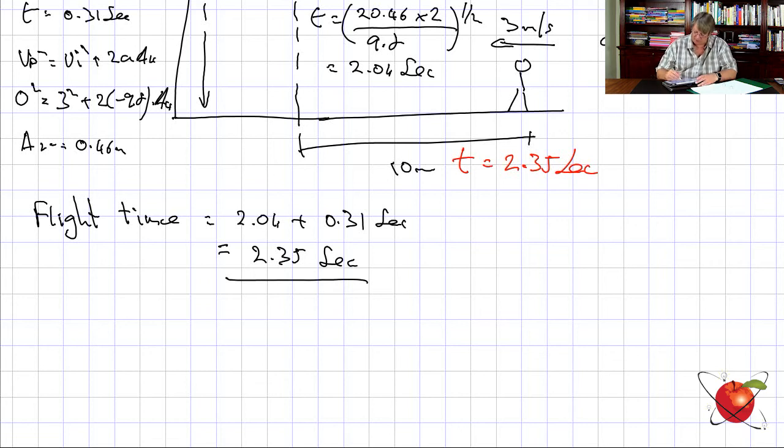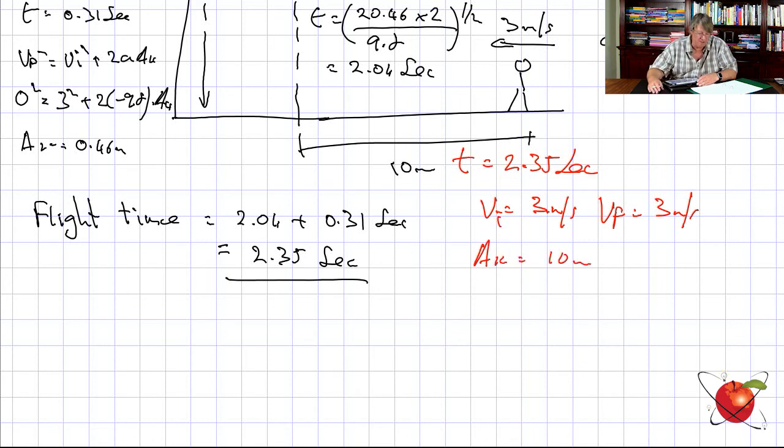Well, what do I know on this person running? I know velocity is 3 meters per second, v initial, and v final is also 3 meters per second, no acceleration. I say delta x is equal to 10 meters. And I say, right, how long to run 10 meters at 3 meters per second?